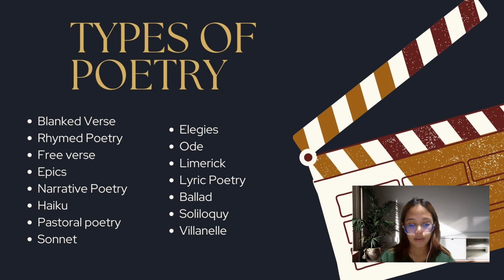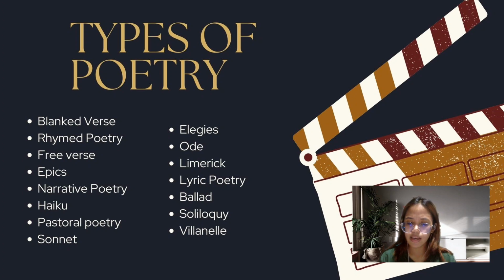So that is epic. And then we have narrative poetry and haiku, which will be discussed later on, along with sonnet. Then we have pastoral poetry, which focuses on the natural world. And then we have elegies. Elegy is a type of poetry where a poet or a speaker expresses sadness or grief. And then we also have ode.